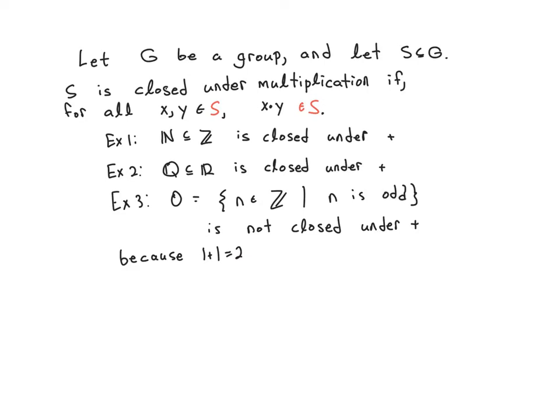And so we see that we have two elements that are both in O, but their sum is not. So we have a subset of integers that's not closed under addition. So we see the main criterion you have to show is that for any two elements of the set, their sum lands inside the subset. As soon as there is one counterexample, it's not closed.